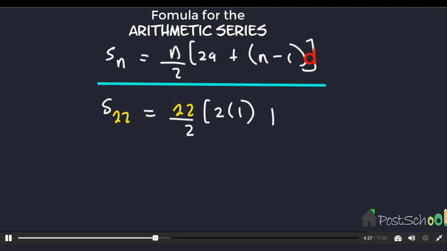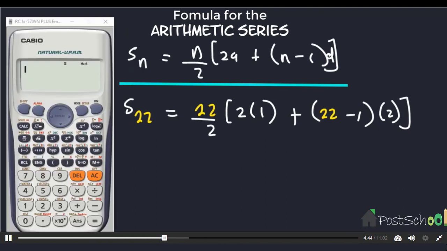It was 1, plus n, that's 22. Substitute 22 minus 1. So you should have d here, so multiplied by d, which is 2. Okay. Now we are going to use our calculator to punch that. Right, so let's punch this on our calculator.